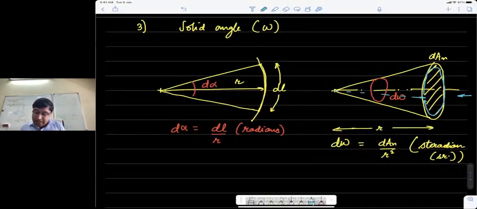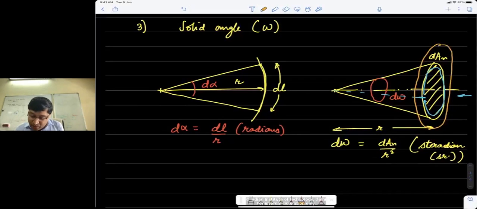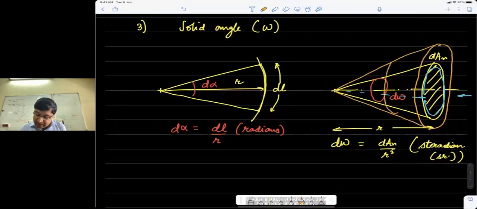Think of it this way: if the area was slightly larger, then the new d omega will be this one, something like this. It is not 360 throughout. I'm saying that now the cone is opening up.